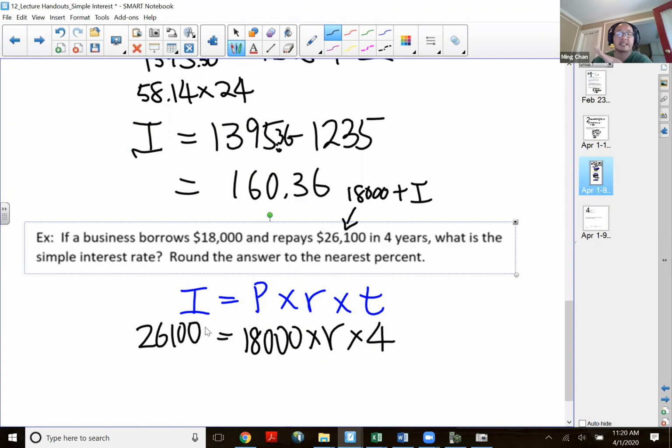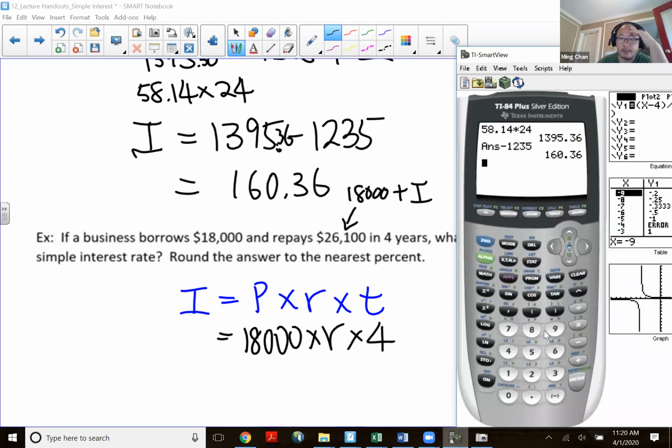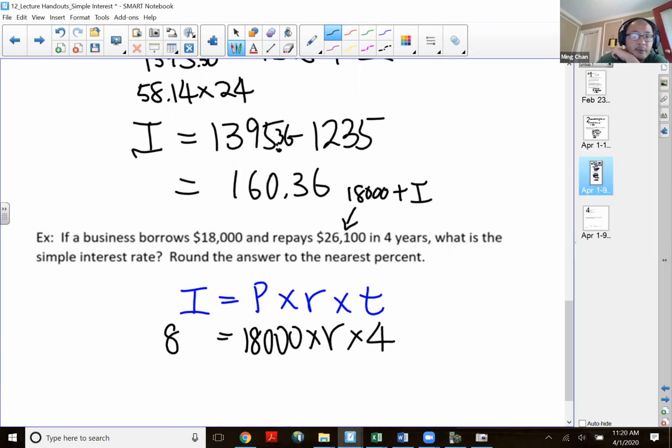So what is the interest that this business paid? Well, to find the interest, all we have to do is take 26,100 minus 18,000. Then that will tell me exactly how much interest we paid, which is $8,100. So the interest paid is only $8,100.